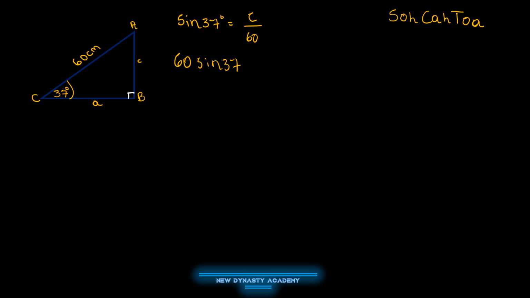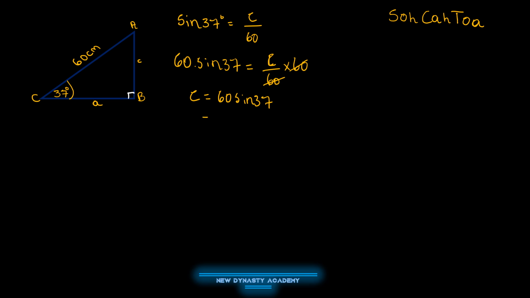Even though you don't see the sign there, there's a multiplication sign, equals C over 60 multiplied by 60. So the aim is to cancel out the 60s, and we are left with 60 sine 37 equals C. But I'm going to read this equation from the right hand side, starting from C, which equals 60 sine 37.